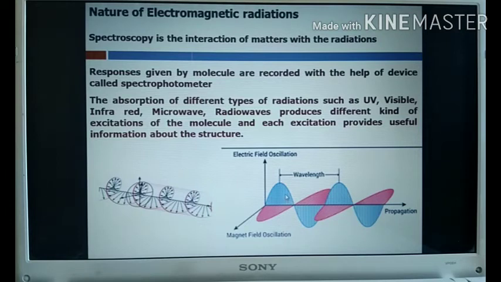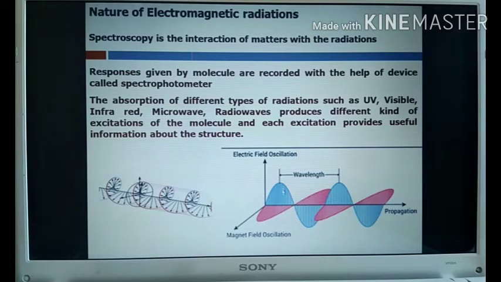So the interaction of electromagnetic radiation with the molecule means the electric field or the magnetic field of the radiation interacting with the molecule. You have to keep in mind that this is electromagnetic radiation, a kind of energy associated with an electric field and a magnetic field, both perpendicular to each other.